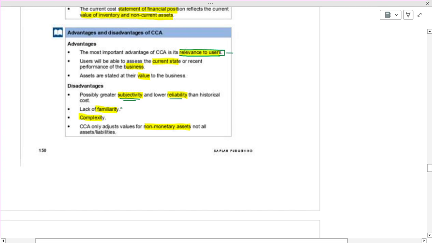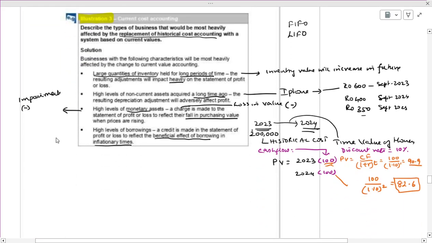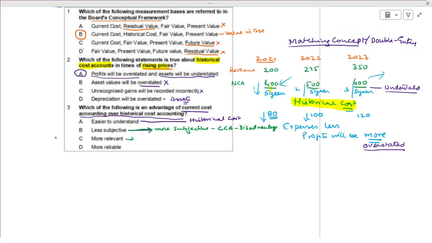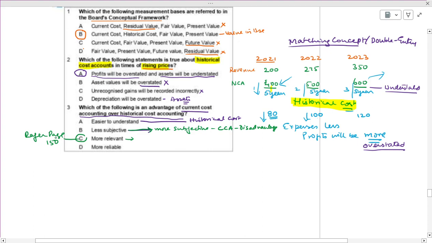This is question number 3, test your understanding. Answer: refer to page 150. More relevance.